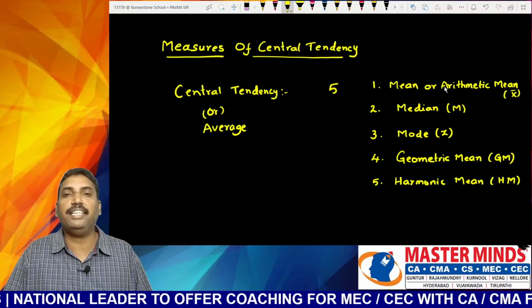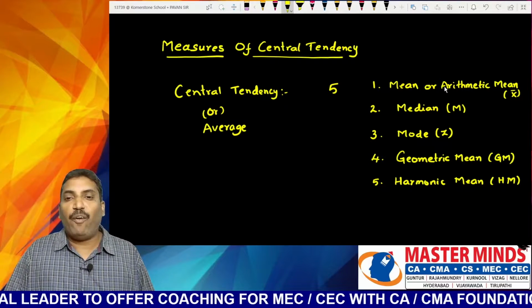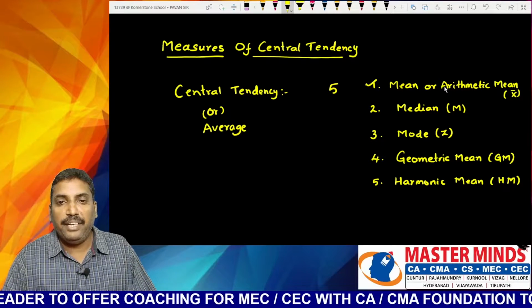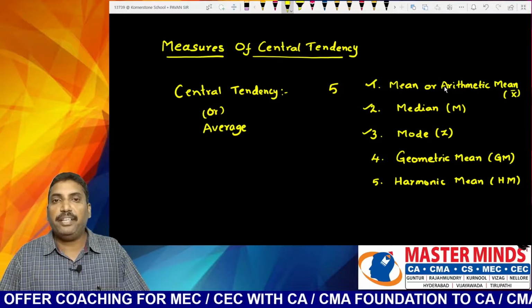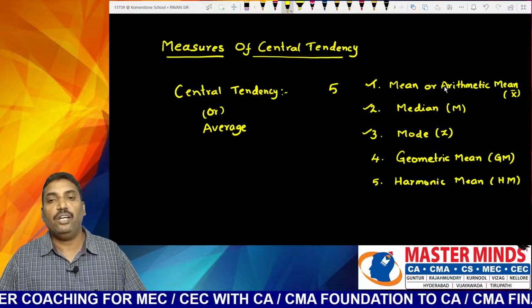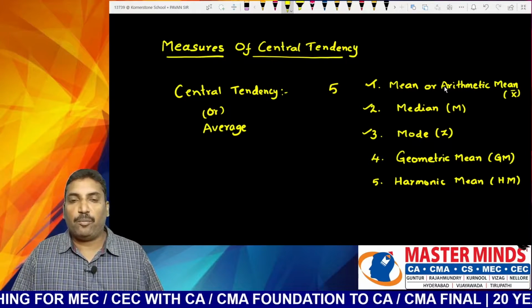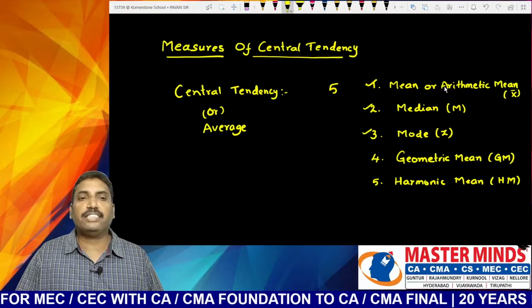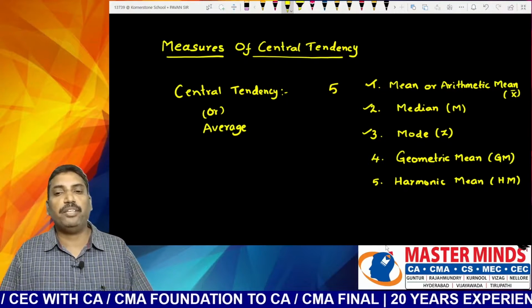The main averages are mean, median, mode, and the mean is divided into arithmetic mean, geometric mean and harmonic mean. So finally we can say there are 5 measures of central tendency: mean, median, mode, geometric mean and harmonic mean.